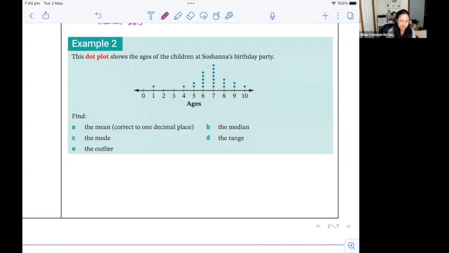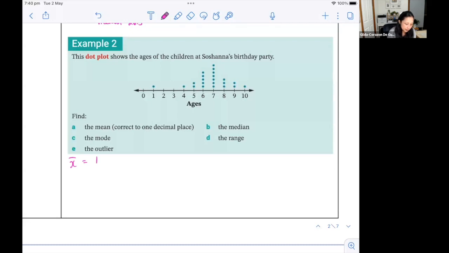The dot plot shows the ages of the children at Shoshana's birthday party. So this means that one of the children there is 1 year old, another child there is 4 years old, etc. If we want to get the mean, we add what?